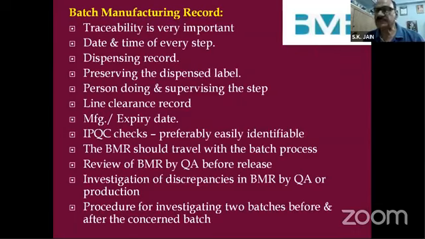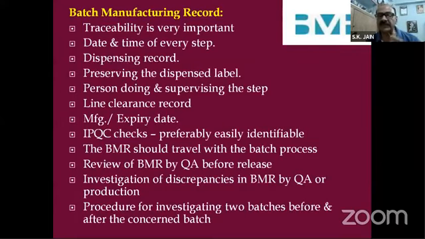Date, time of every step, dispensing record, preserving the dispensed label, person doing and supervising the step, line clearance record, manufacturing expiry date, in-process quality control checks. BMR should always travel with the batch process, right?